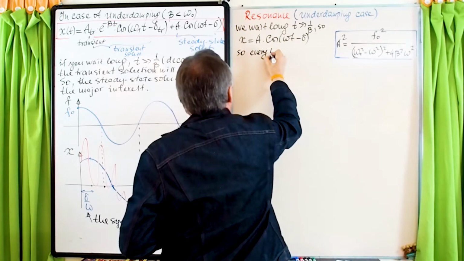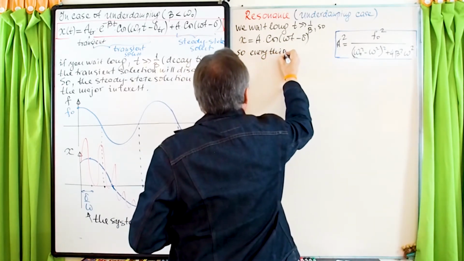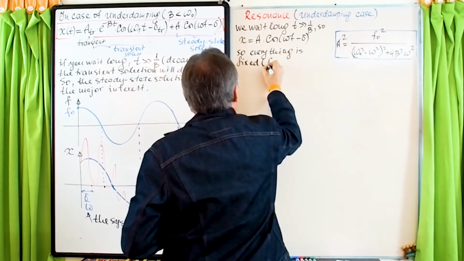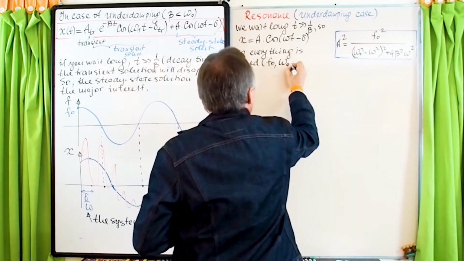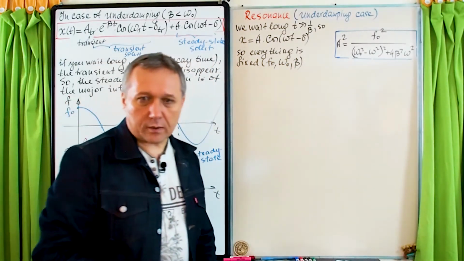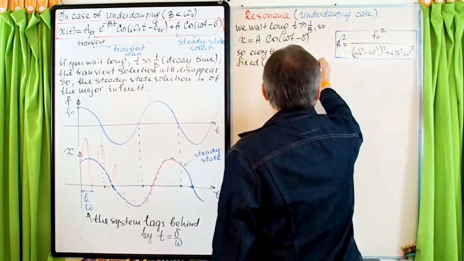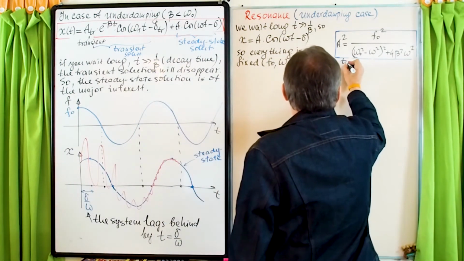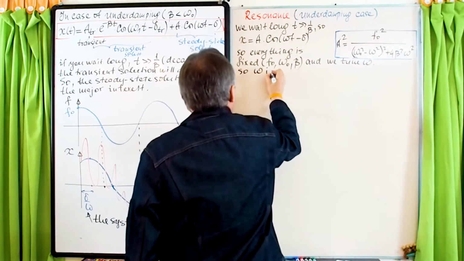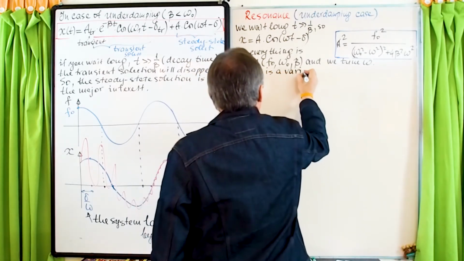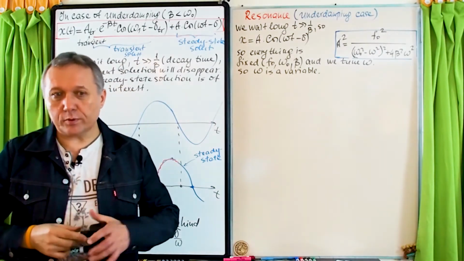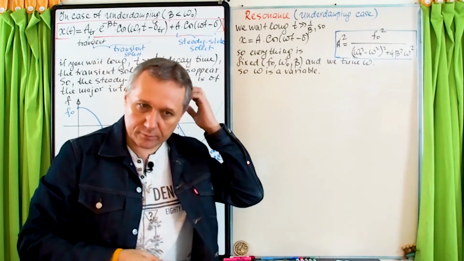So everything is fixed. By everything, I mean F naught, omega naught, beta, and we just tune omega. So omega is a variable, and we basically want to explore the response of the system by changing the frequency of the driving force.